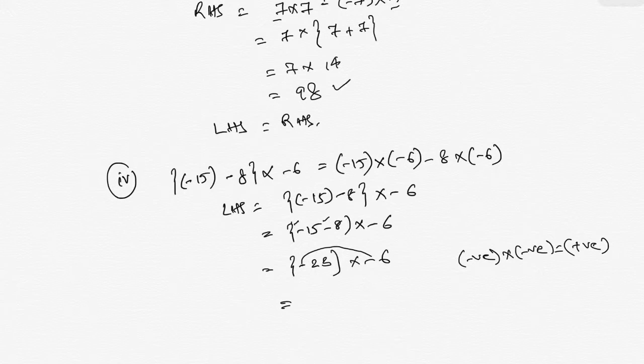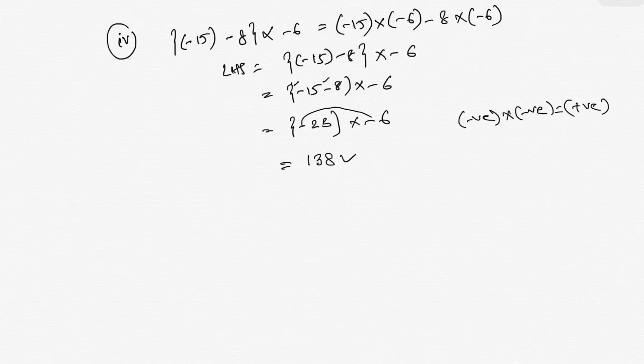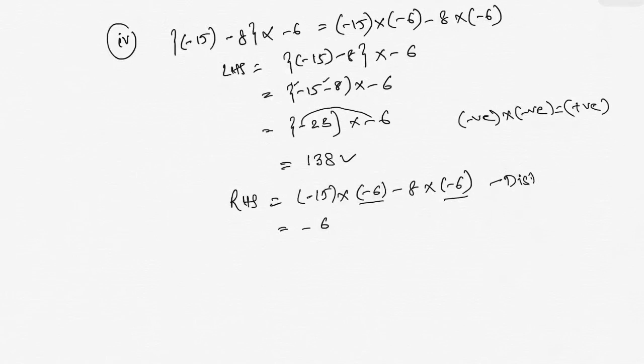Now minus into minus, the product of two negative integers is a positive integer. Okay, so 138. Now let's see the RHS. Now RHS is minus 15 into minus 6 minus 8 into minus 6. We are taking minus 6 common because this is the distributive property.